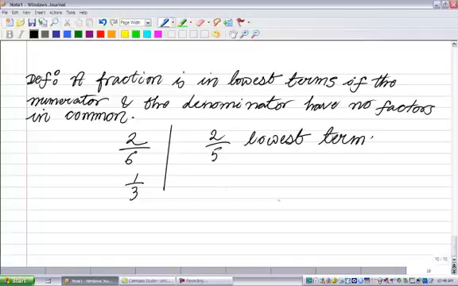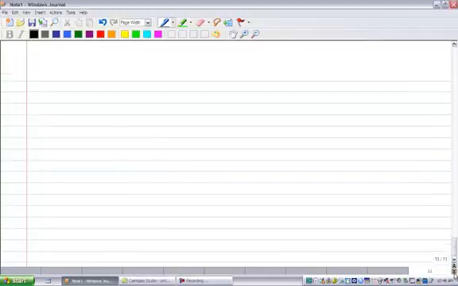So the one question is, if I start with a fraction, how do I put it in lowest terms, right? Well, I have to get rid of all the possible common factors.